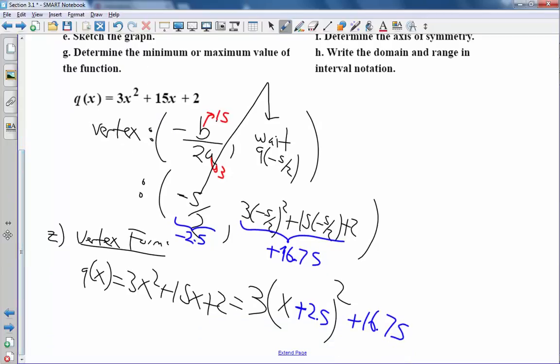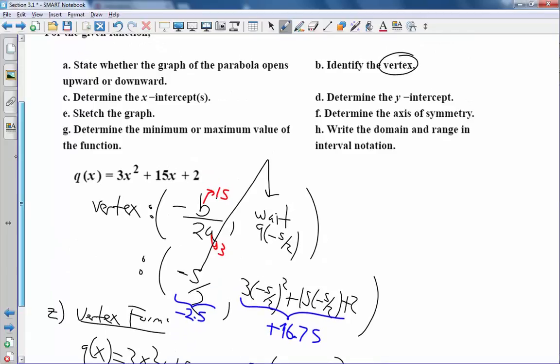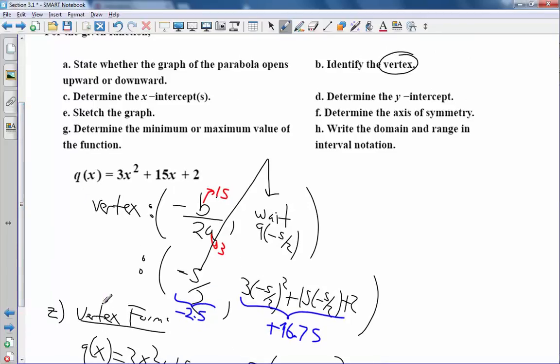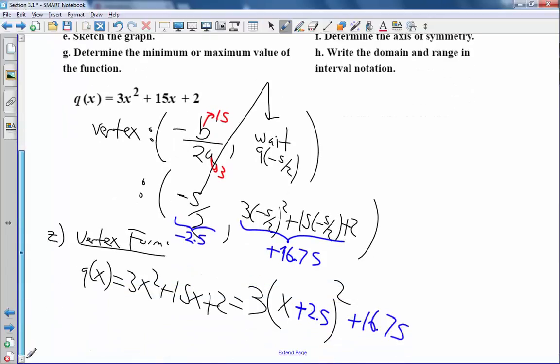But in any case, you have an option to get vertex form and vertex coordinates alternatively by a formula. Okay, in the remaining parts, you just need to read this data from this form or this vertex coordinates.